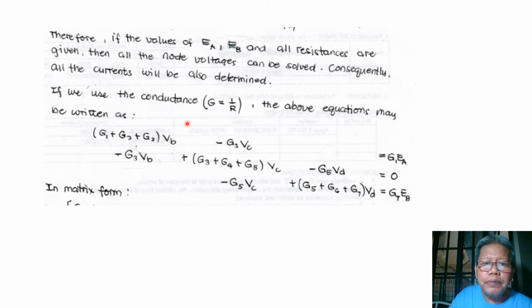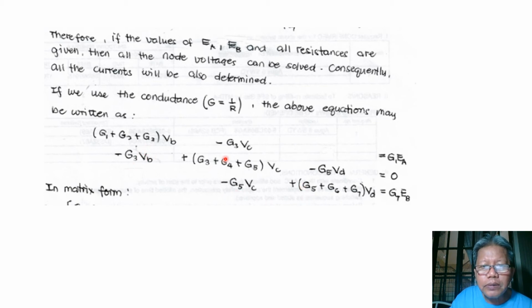Now, if we use the conductance, which is defined as the reciprocal of R, remembering in our DC circuit that conductance G is the reciprocal of our resistance. So G is equal to 1 over R. So the equations that we had can be written as G1 plus, G1 is 1 over R1, and 1 over R2 is G2, and G3 is 1 over R3, and so on.